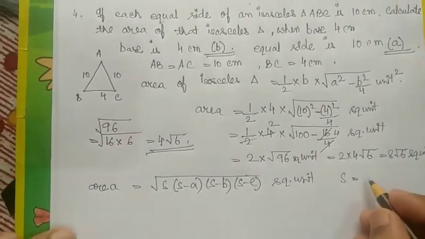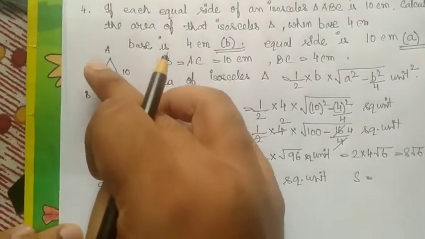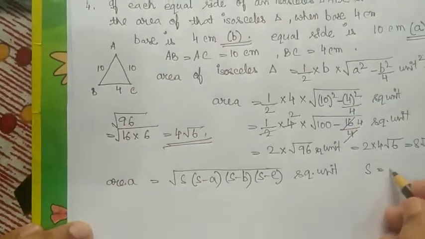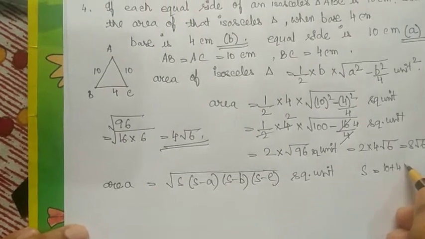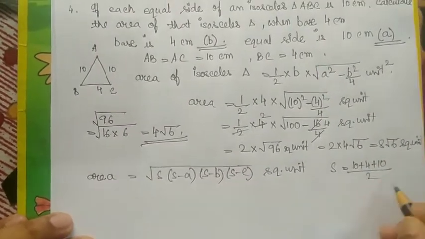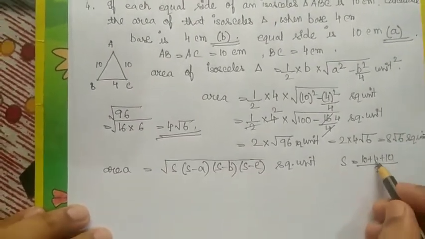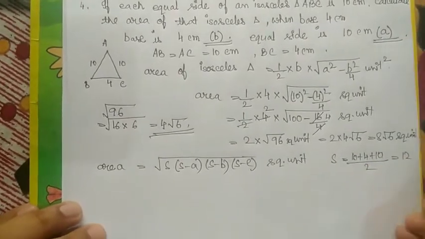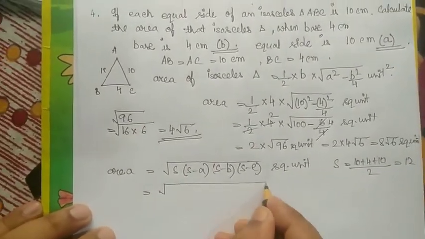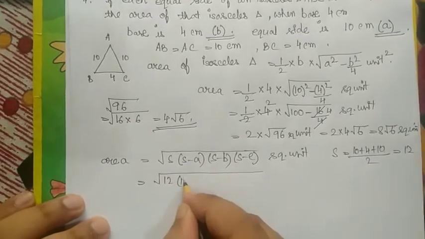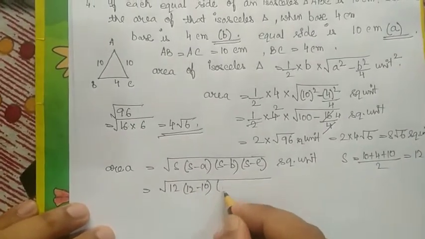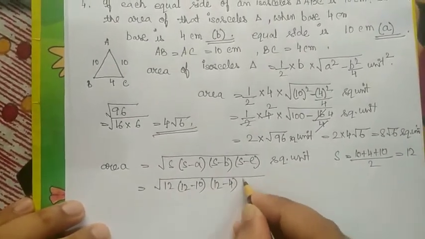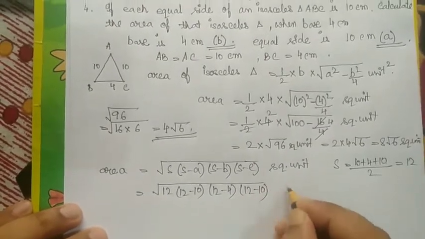S means a plus b plus c means 3 sides, means 10 plus 4 plus 10 by 2 means 10 plus 10 is 20, 20 plus 4 is 24, 24 by 2 equal to 12. So therefore we're going to get 12, 12 minus 10, 12 minus 4, 12 minus 10 square unit.